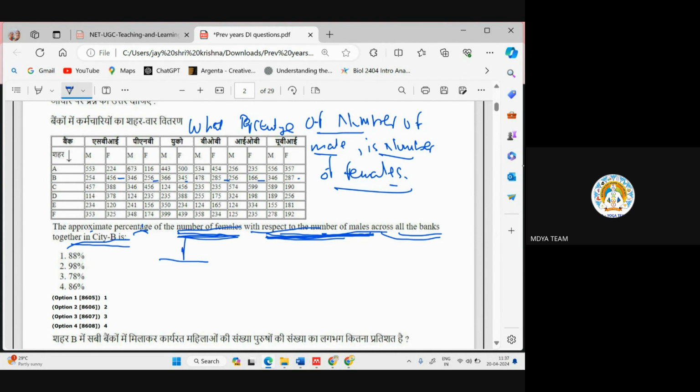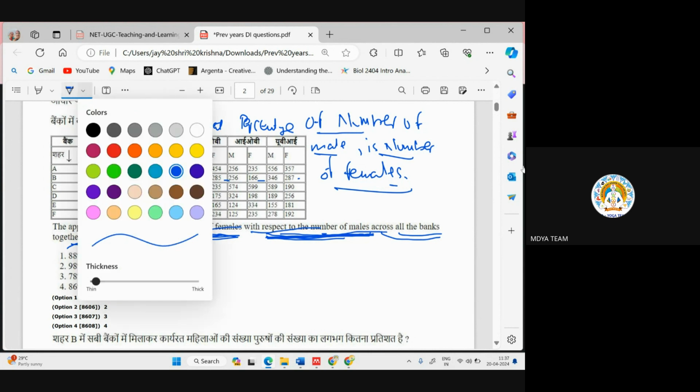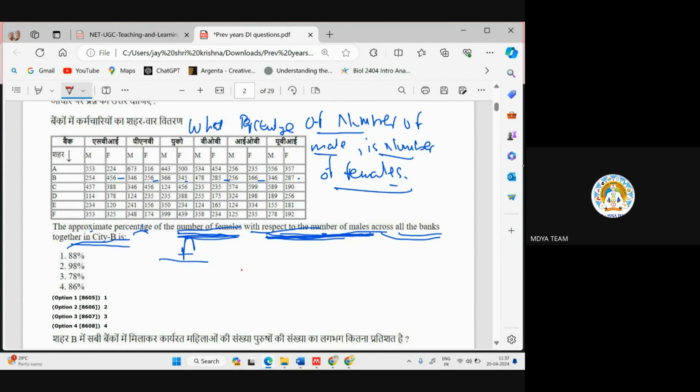Let this number be F, female. Then what will we do? We will sum up all the number of males in city B: 254, 346, 366, 478, 256, 346. We will write it here. Then what will we do? Into 100. Into 100. Very good.